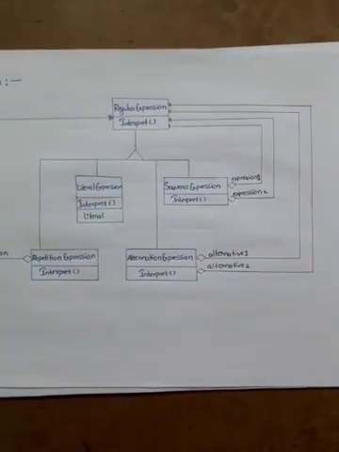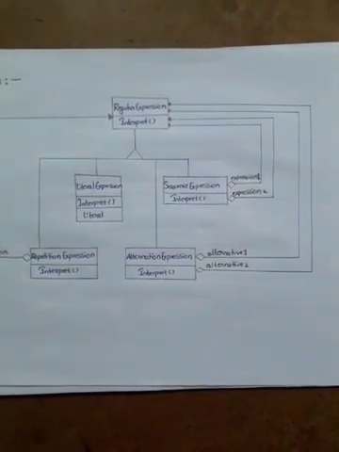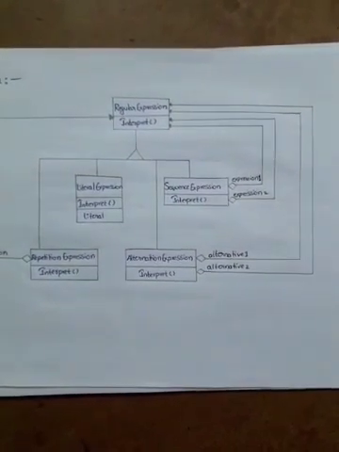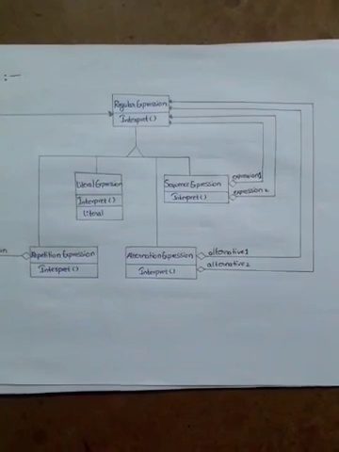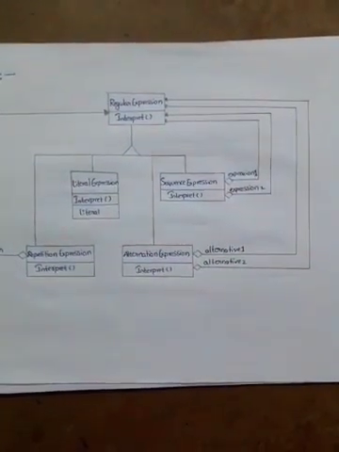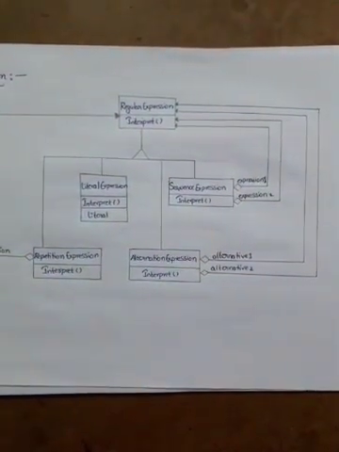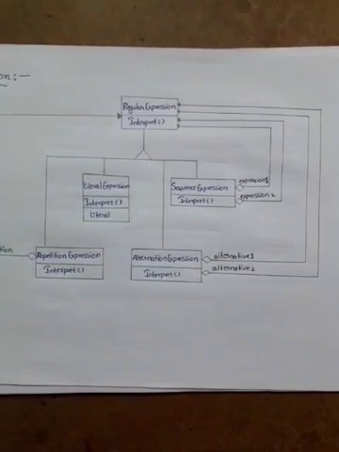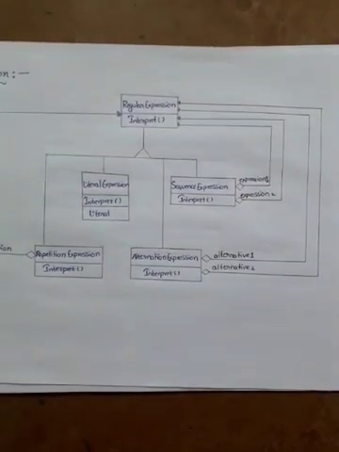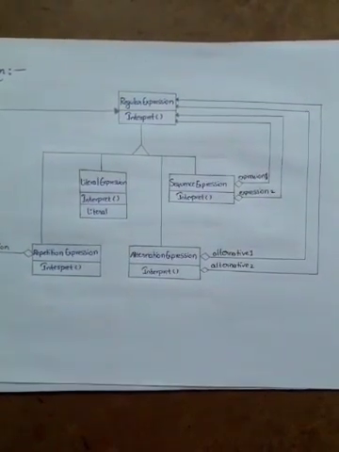We can create an interpreter for these regular expressions by defining the interpret operation on each subclass of regular expression. Interpret takes as an argument the context in which to interpret the expression.